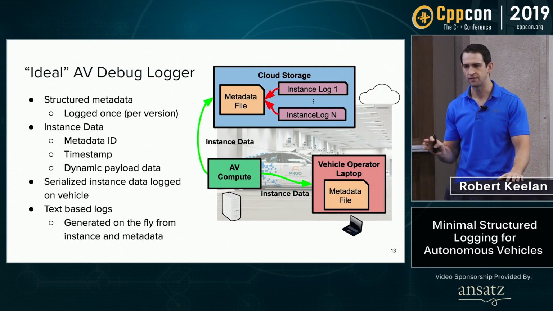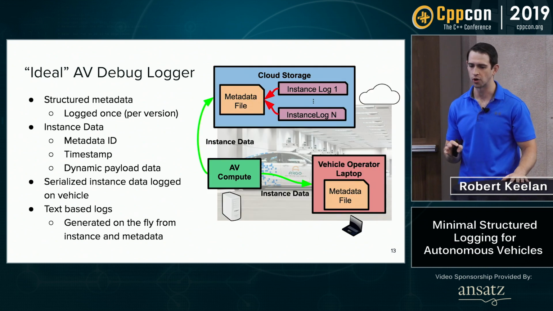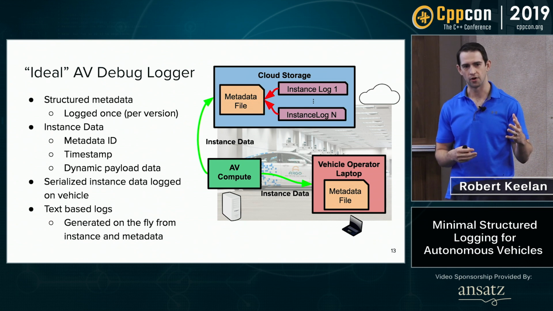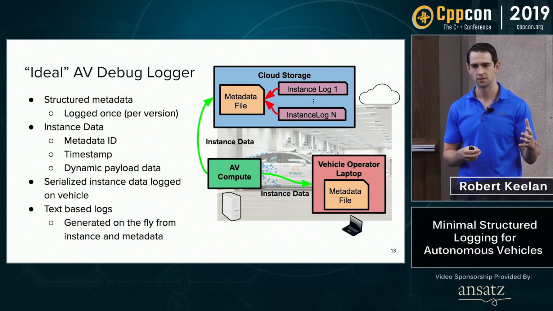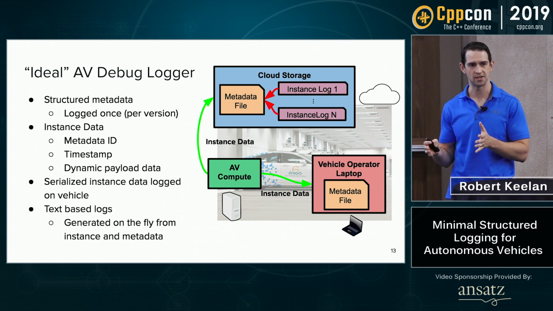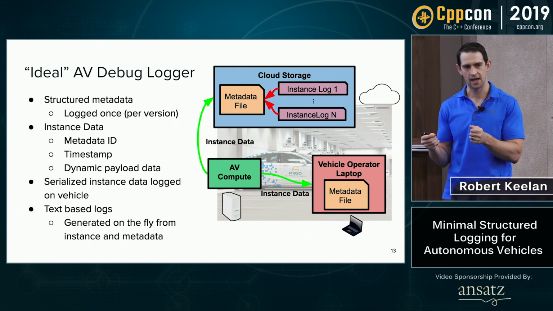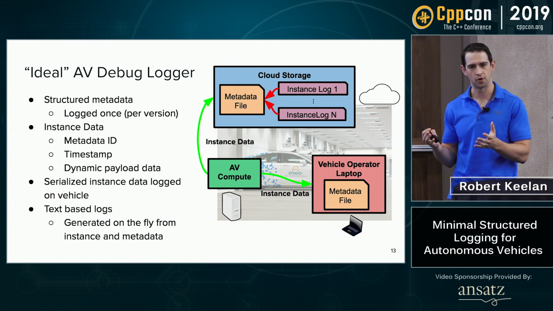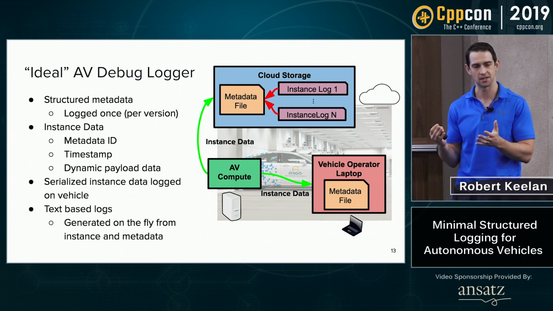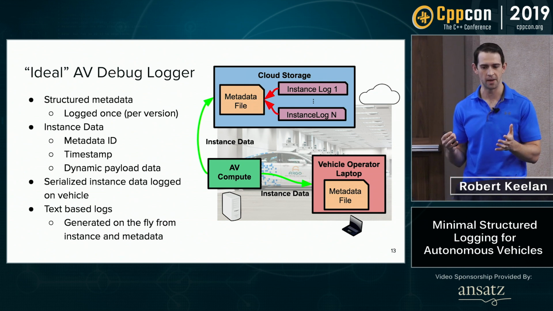So this is a high-level picture of how I see that system working. In the trunk of all of our vehicles, we have our main AV compute. Sitting up in the passenger seat, you have the vehicle laptop. What should already be on that laptop before the vehicle starts up is a metadata file that contains all of the metadata.